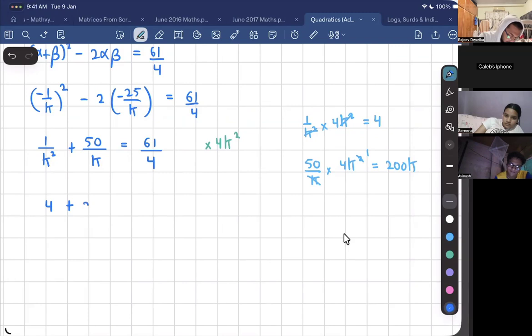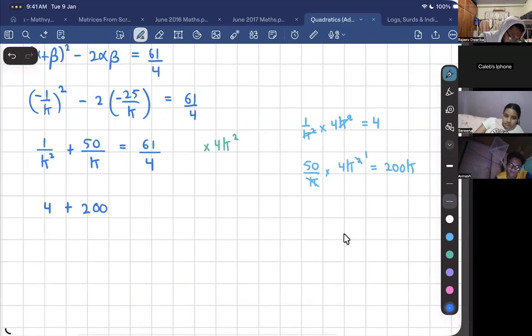So that's going to be plus 200k, and that's going to be equal to 61 over 4 by 4k squared. This is the exact same thing as the last question. The 4 and the 4 cancel off, so that gives us 61k squared. Yeah or no? We understand that?